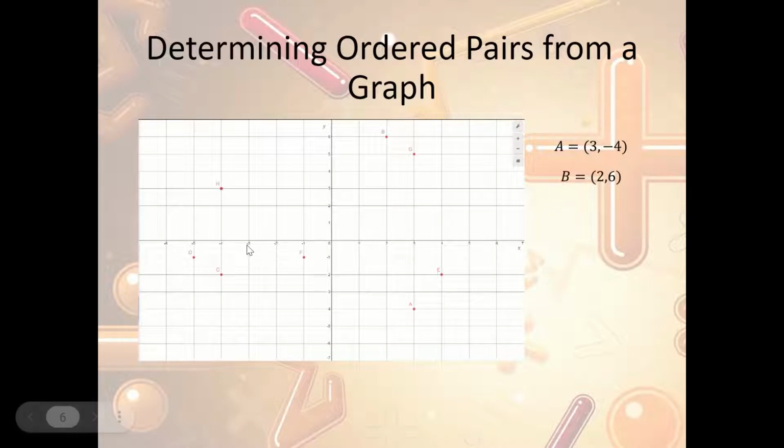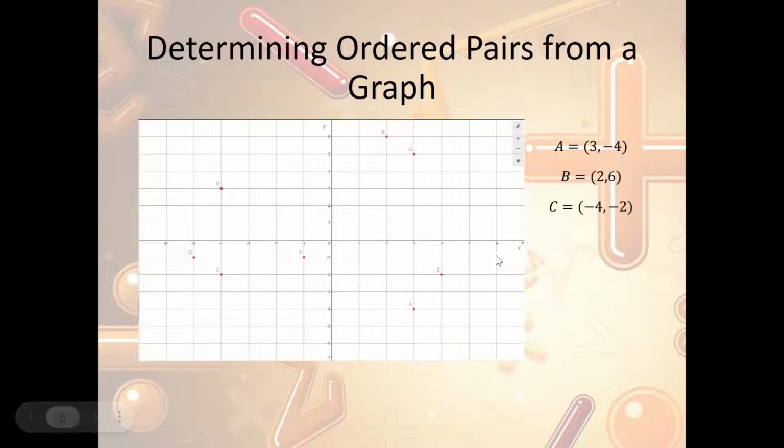Then I find C. C is here. So that's -1, 2, 3, 4. And my y is -1, 2. So C is -4, -2. Then I do D. D is right here. So that's -1, 2, 3, 4, 5.